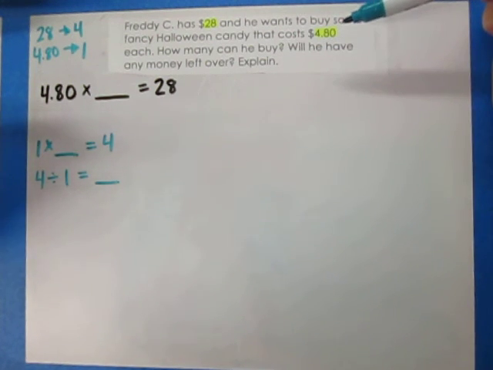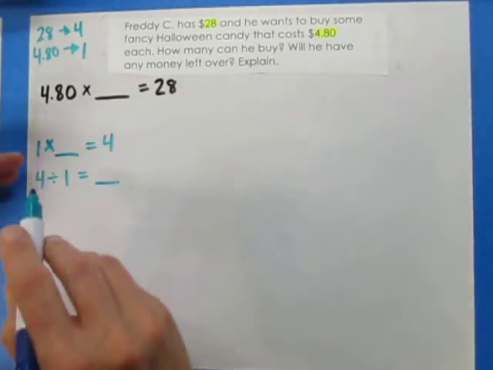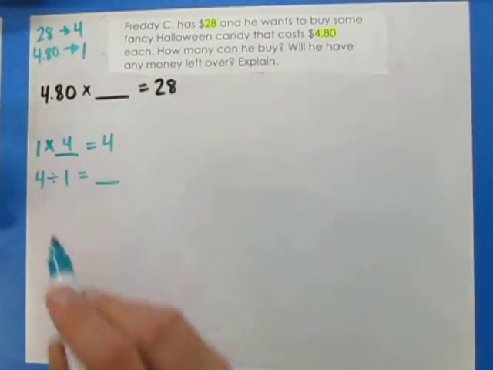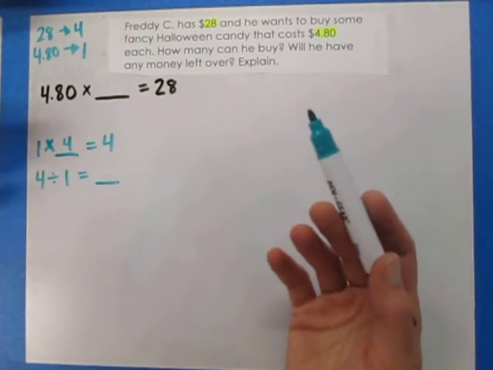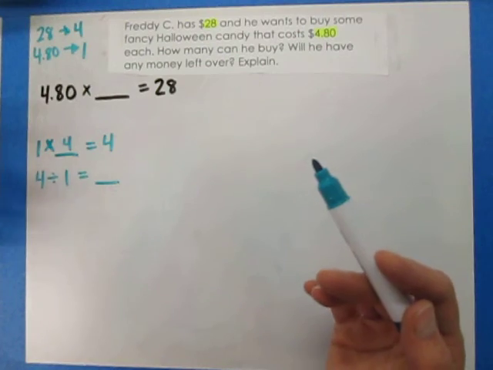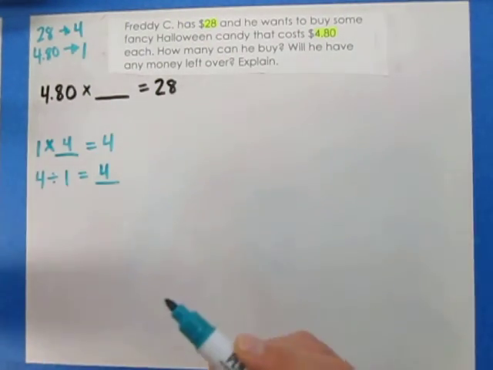You would just go, oh, well, $1 each per candy, that's 4 candies. But really, that's 1 times 4, or 4 divided by 1, because you have $4 and you're spending $1 per candy, so that's 4 divided by 1, and then it equals 4.